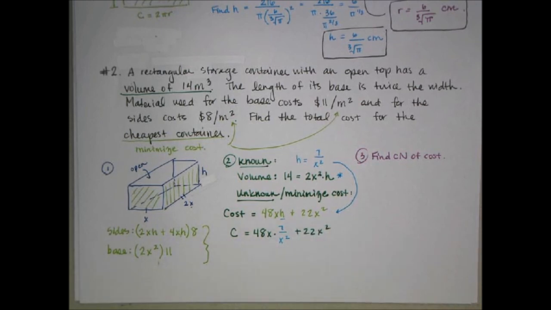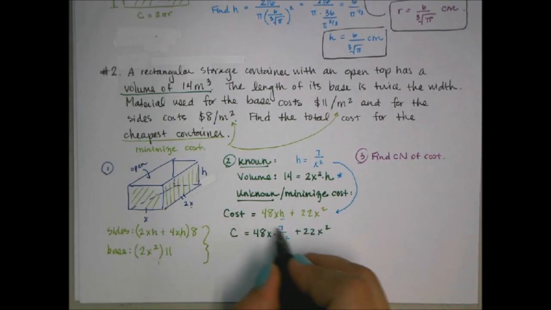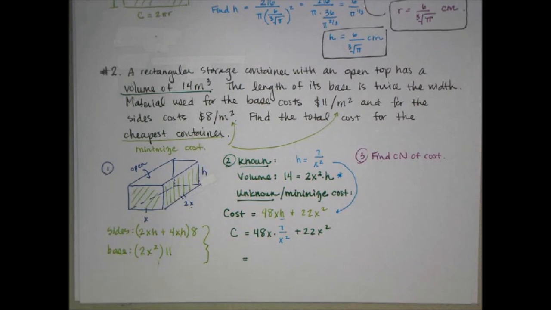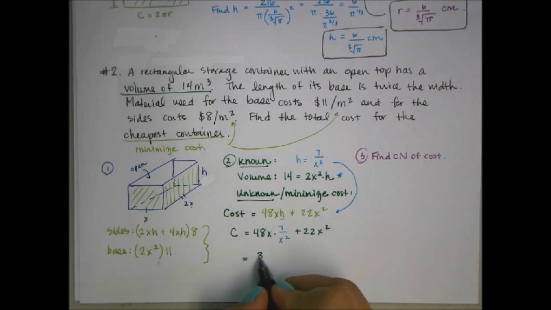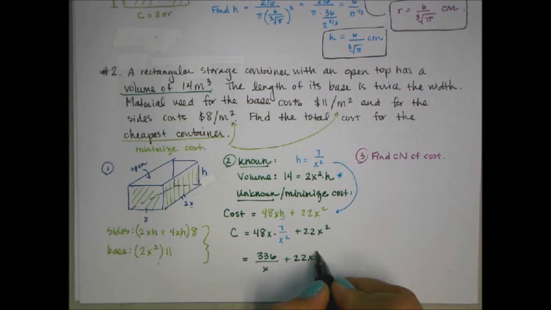We'll simplify that. So we have 48 times 7 is going to give us 336 over x plus 22x squared.